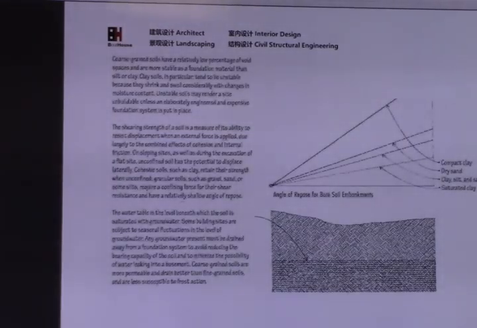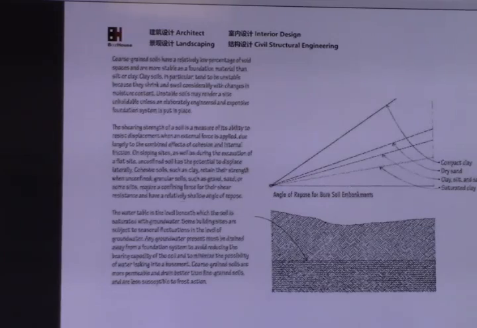This picture shows the soil's action. This shows a soil embankment, and this is the angle of repose for the soil. A bigger angle means the soil has more capacity, is more compact.